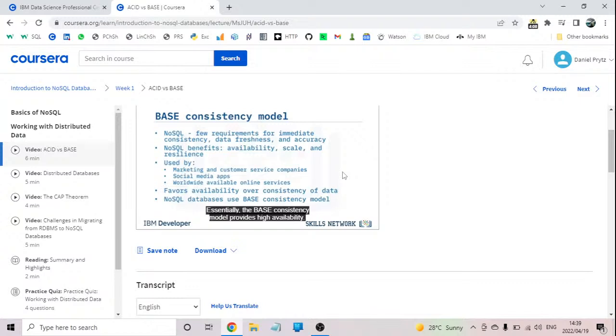Okay, let's go here. Used by the following marketing and service companies. Those are people who want to look at sentiment of customers and so on. Used by marketing, sentiment analysis, and customer sentiment companies.